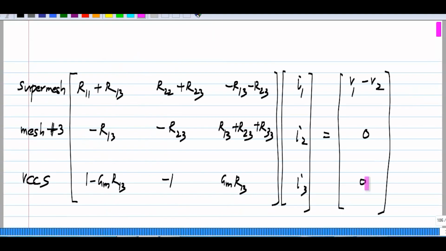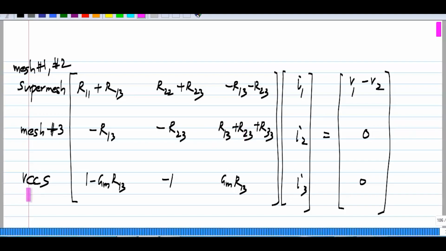So these are the mesh equations. We have to form a super mesh because we have a current source and we don't know the voltage drop across it. So we form a super mesh by combining meshes 1 and 2 and mesh 3, business as usual. No change from before.